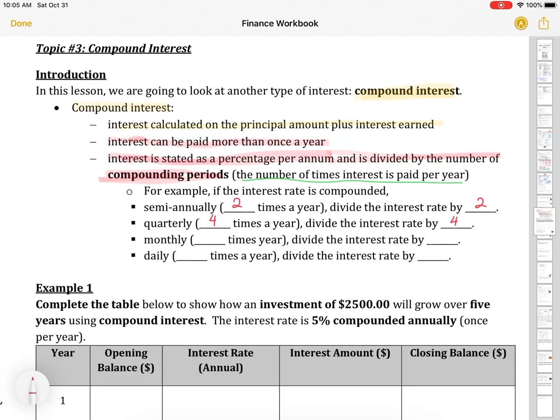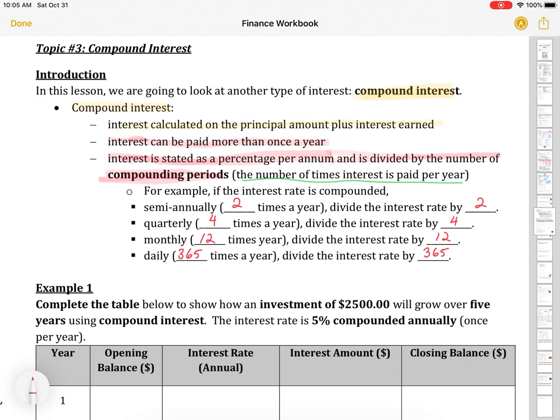If it's compounded monthly, there's 12 months a year, so we would divide the interest rate by 12. Daily, there are some situations where it's got daily compounding. Well, there are 365 days in a year, so we would divide the interest rate by 365.